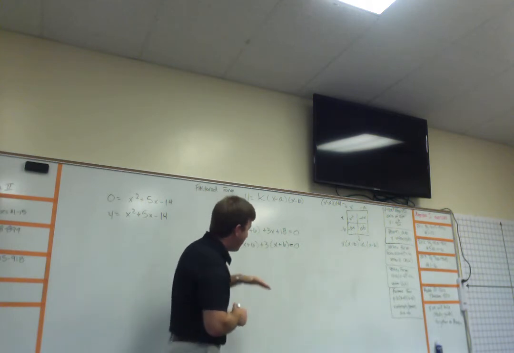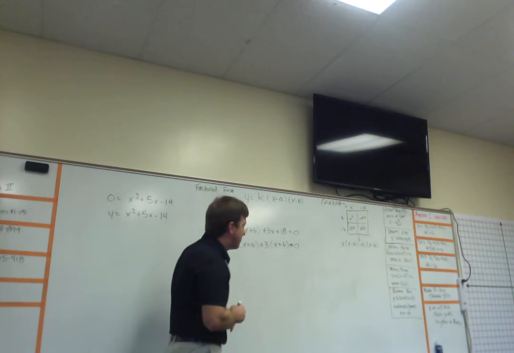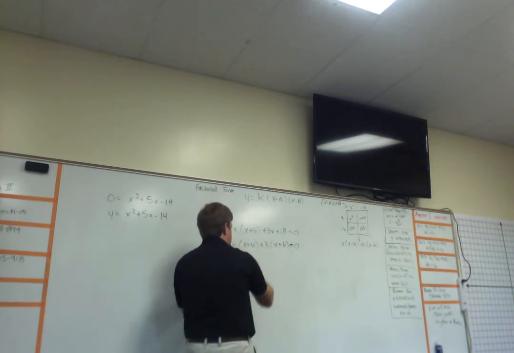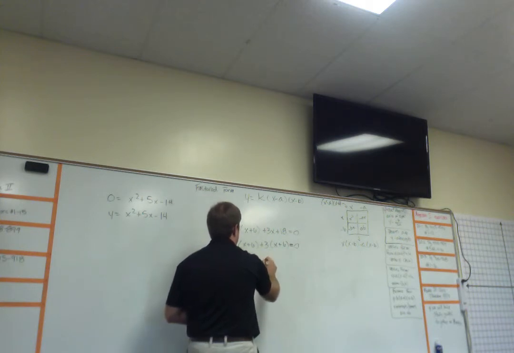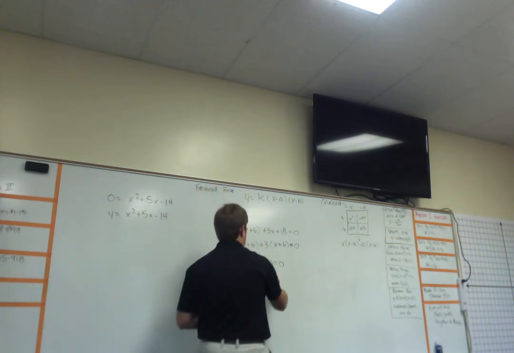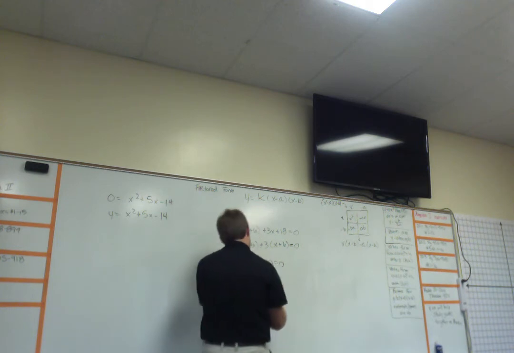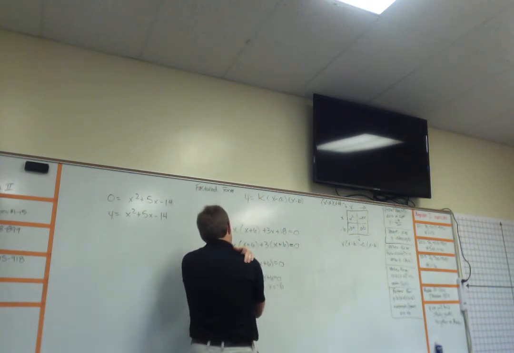Okay? Now this looks just like the last two that we did. So now I take these two pieces and make a binomial out of them. -8x plus 3 times x plus 6 equals 0. So now I solve x plus 6 equals 0, means x equals -6. -8x plus 3 equals 0.